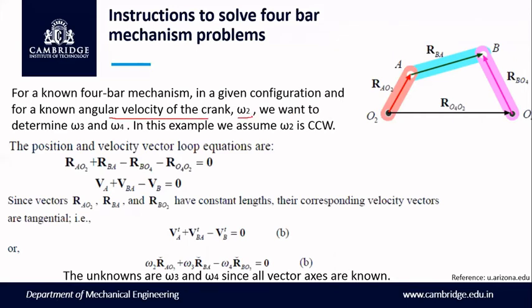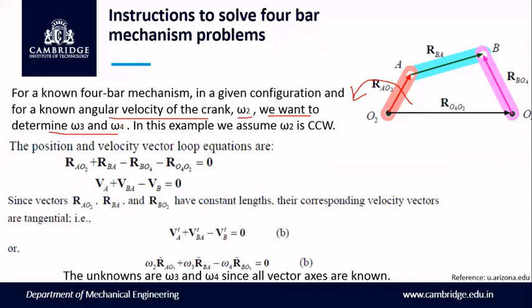We know the magnitude of this omega 2, like 2 radians per second or 3 radians per second. If we want to determine omega 3 and omega 4, that is the angular velocity of link 3 and link 4, this example will give us some idea. So let us assume this link 2 is rotating counterclockwise.